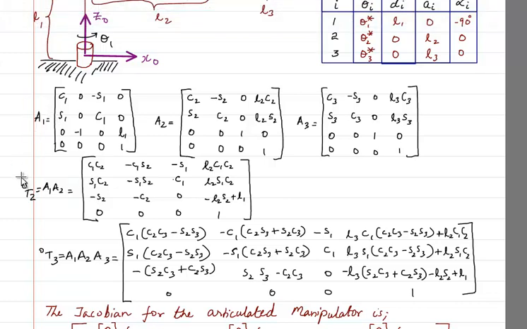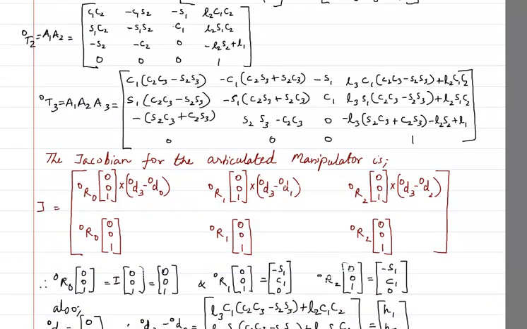So 0T1, 0T2, 0T3 are already calculated. Why are we calculating them? Because from each of these we will get 0R1, 0R2, 0R3. Similarly, 0D1, 0D2, 0D3 we will get from these three: the first one, the multiplication of the first and the second, and the multiplication of all three.